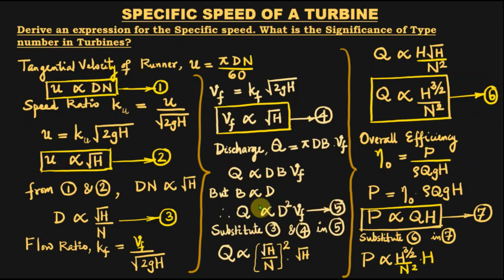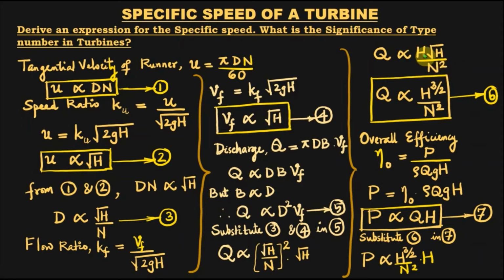So Q is proportional to, instead of diameter I am going to substitute root of h by N. So D square, that is root of h by N square, then into Vf. Instead of Vf we will substitute root of h. So therefore Q is proportional to root of h by N whole square into root of h. So what do you get? Root of h square is h into root of h divided by N square. So Q is proportional to h root of h by N square.